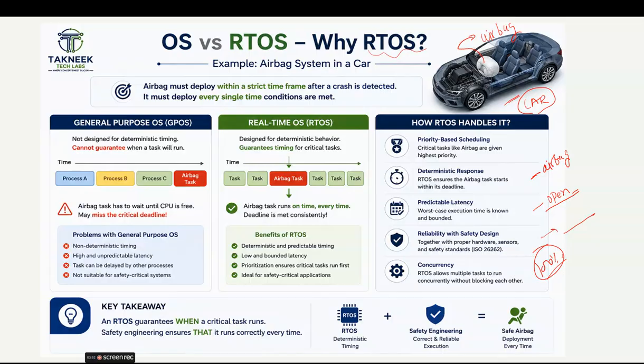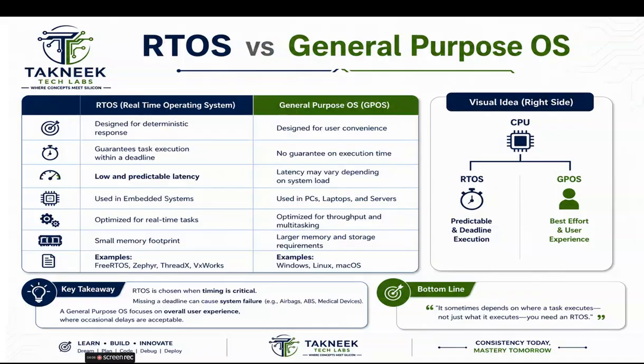Now, general purpose operating systems are not designed for deterministic timing. This is deterministic time: it should respond in milliseconds or fractions of a second, and that's why we need an RTOS. So what is the difference between an RTOS and a general purpose operating system?